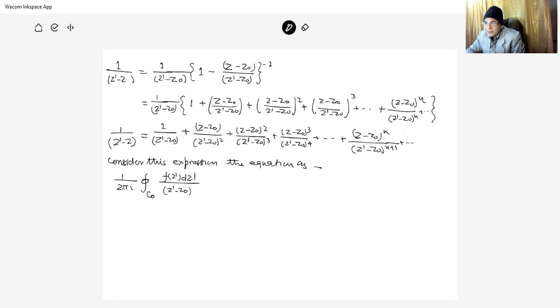So 1 upon z' minus z0 can be expressed in this way.